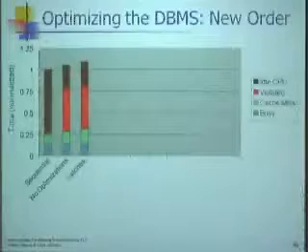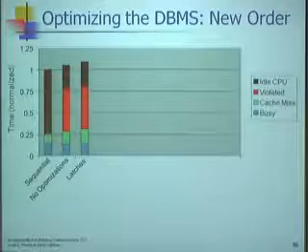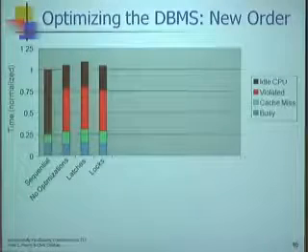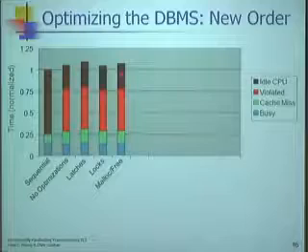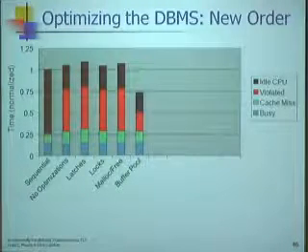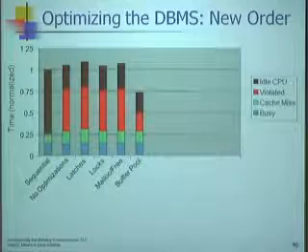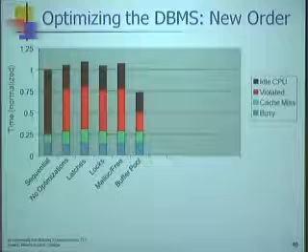Then Chris started going through this process of iteratively fixing things. First he fixed a problem with the latches, and things actually got even a little bit worse. He fixed a problem with locks, and we're still not speeding up. Then he fixed a problem with malloc and free, and things are still not good. Then he fixed a problem with the buffer pool, and suddenly we saw a nice jump in performance. More than a quarter of the latency disappeared.